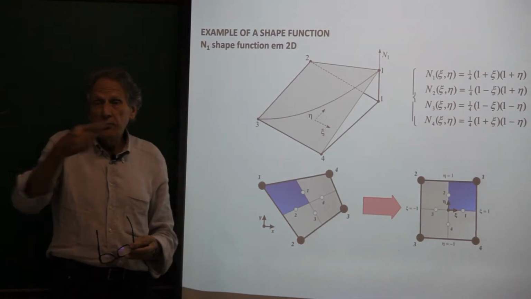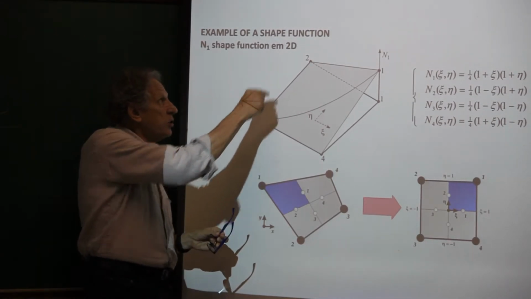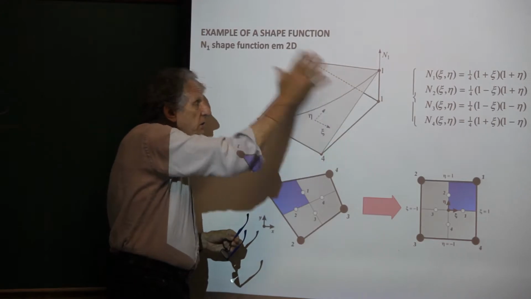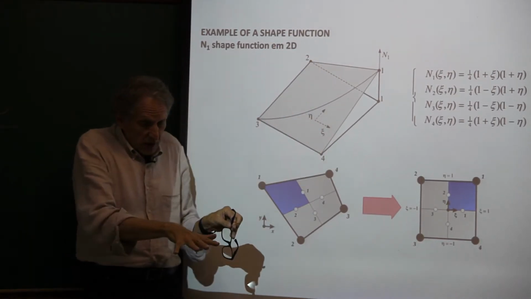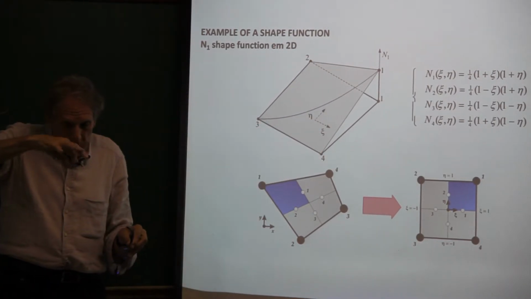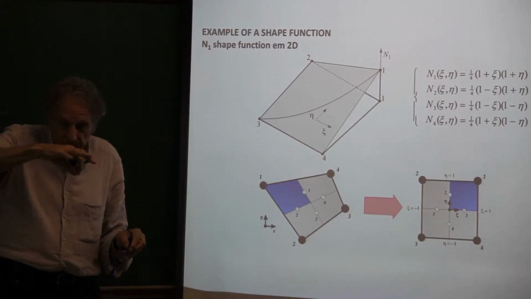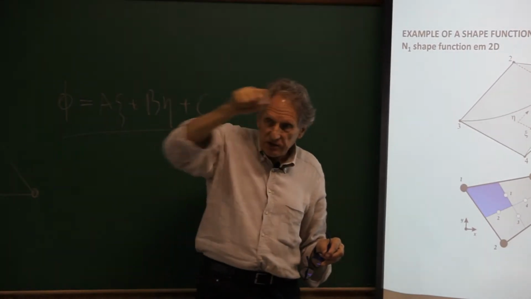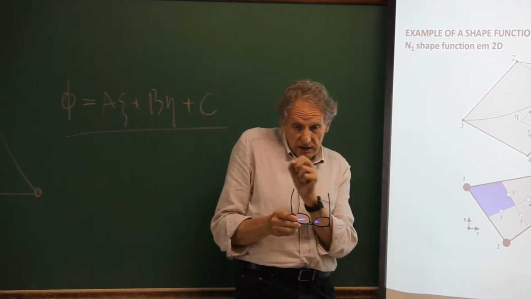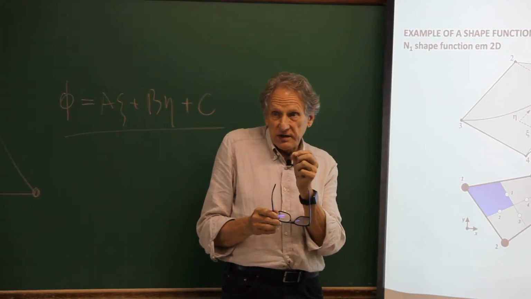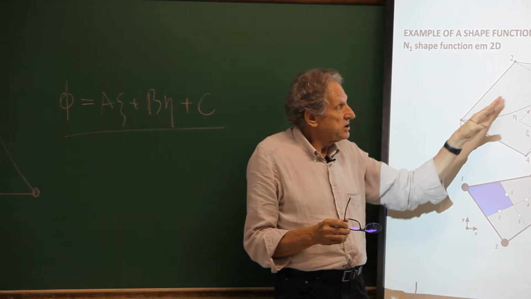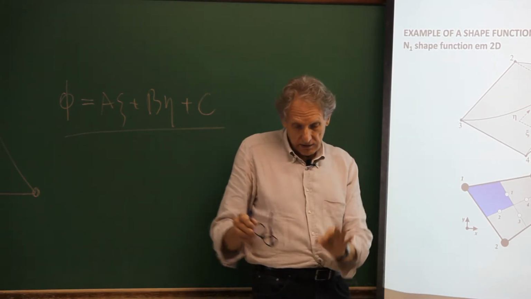Now, if you do the same drawing for N2, it will be 1 there, 0, and likewise N3. So when you calculate the value of some variable at a point inside the element, you apply the weight of each shape function in that region.